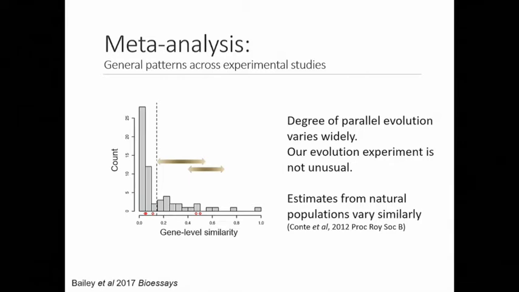This study measured that in 2 different ways, actually. This shows where those measures from natural populations lie, just to give you an idea that we're in the same general realm of variation here.